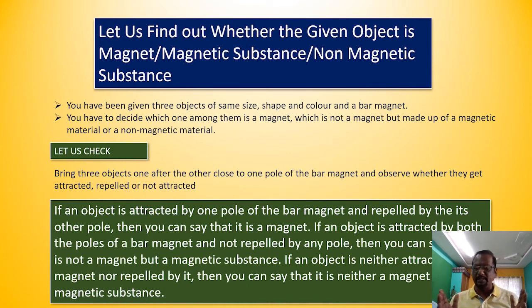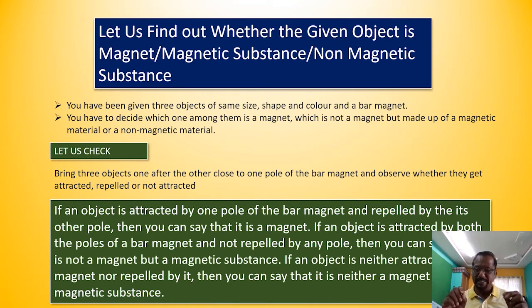So I repeat the concept once again. Listen carefully. If an object is attracted by one pole of the bar magnet and repelled by its other pole, then you can say the object is a magnet.